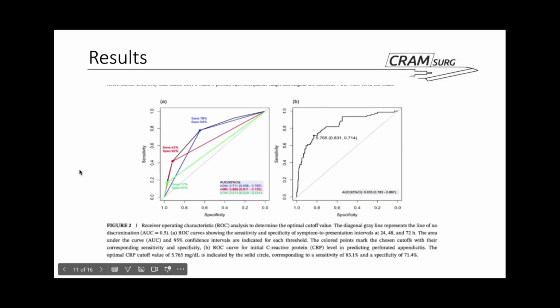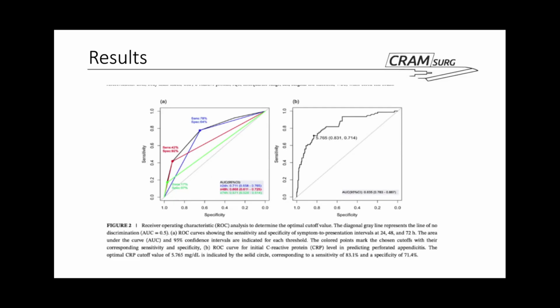So in this slide, we can look at the ROC curves for the presentation time on the left, and CRP on the right side. We can see that greater than or equal to 24 hours on the blue has the best area under the curve.